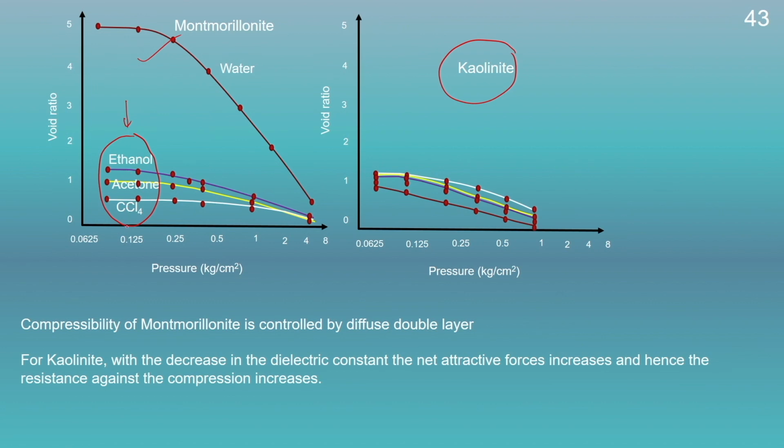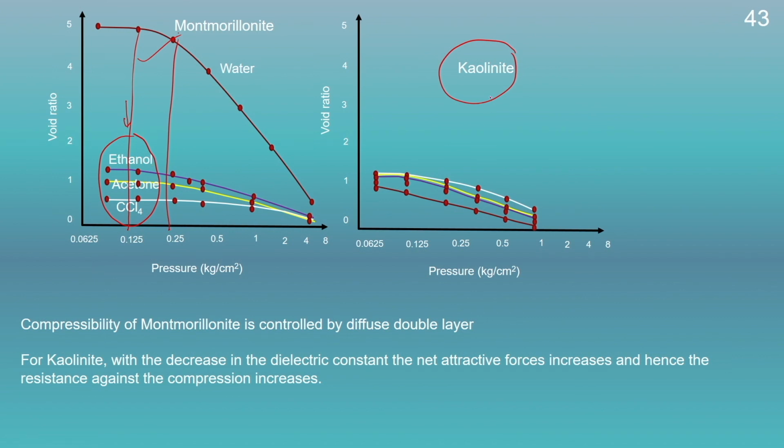And if we compare the void ratio at a given pressure, we could see montmorillonite with water will have a higher value of void ratio in comparison to ethanol, acetone or CCl4. Since CCl4 has a lower value of dielectric constant, the void ratio of montmorillonite in the presence of CCl4 will be the least out of these 4 cases.